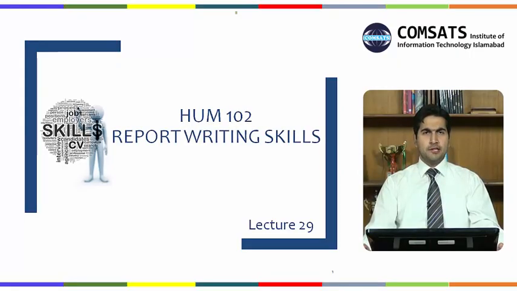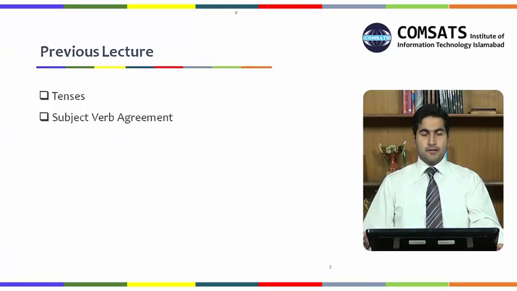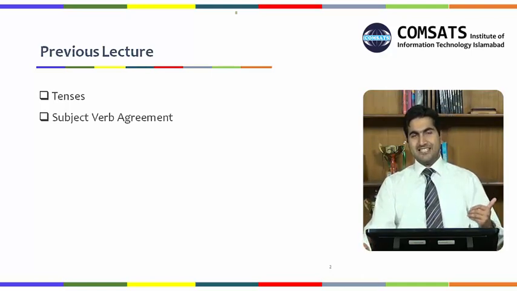Welcome to lecture number 29 of report writing skills. If you remember the way I ended my previous lecture, there were two things that we discussed in detail, and talked about: tenses. There are three categories and four subcategories which are part of each tense.